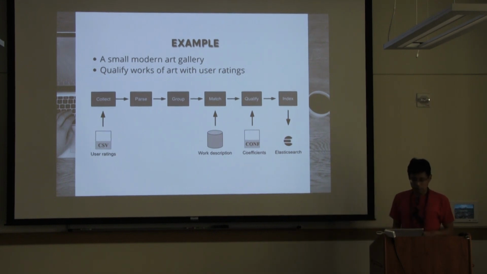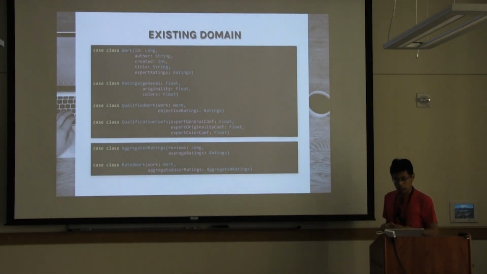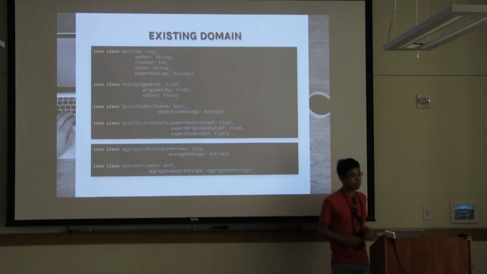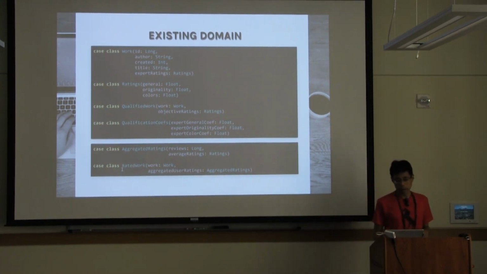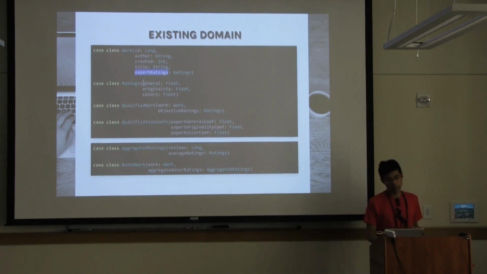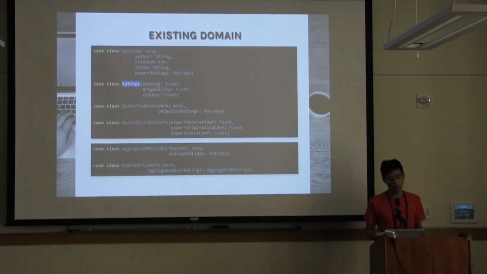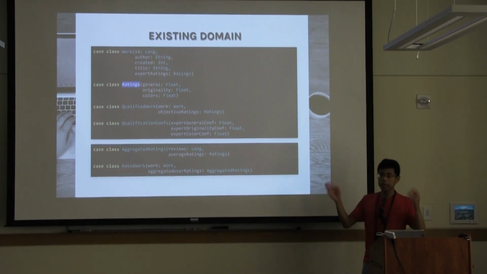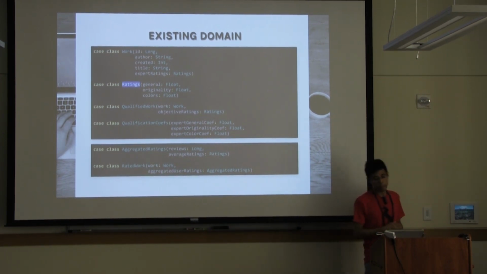Looking at the domain, we have several ADTs. So you don't need to read everything. What's most important here is that we have some work of art that is identified by an ID that is associated with the expert ratings. The expert ratings contain a score along 3 different criteria: a general criteria, an originality criteria, and a colors criteria.